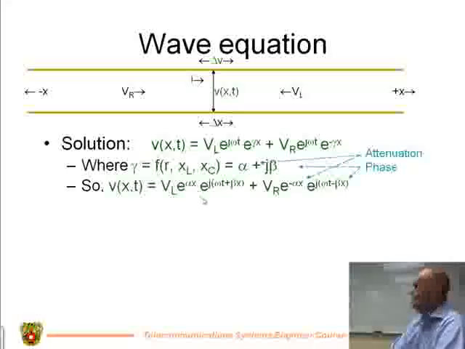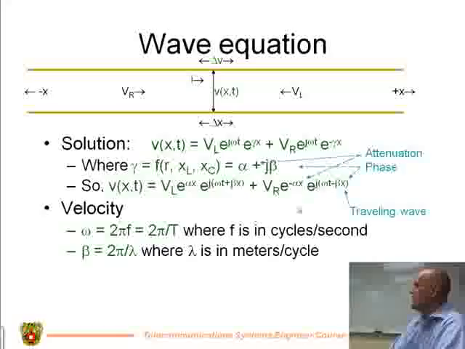This is just a logarithmic attenuation. So this is the equation for a traveling wave, and we've got omega equals 2 pi f, and beta equals 2 pi over lambda. So beta is just an inverse of the wavelength, but with the 2 pi taken out.